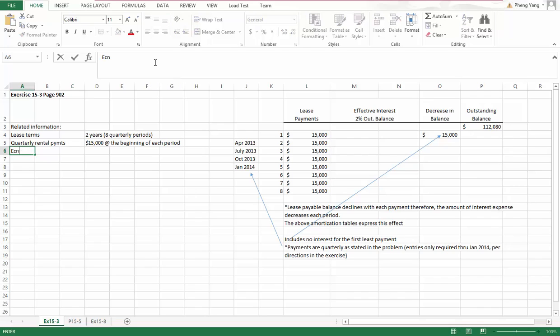The economic life is 2 years. The implicit interest rate is 8%, and this is also the lessee's incremental borrowing rate.